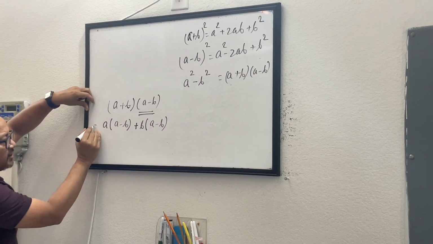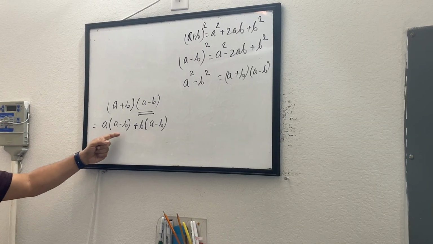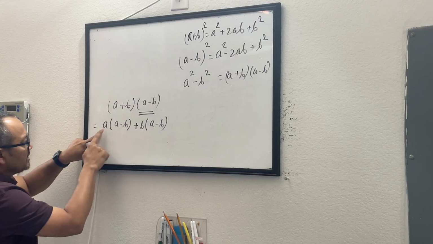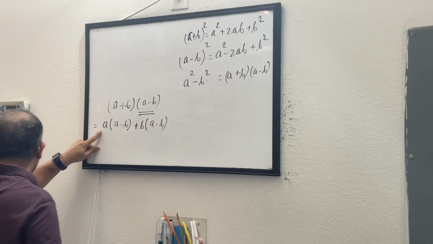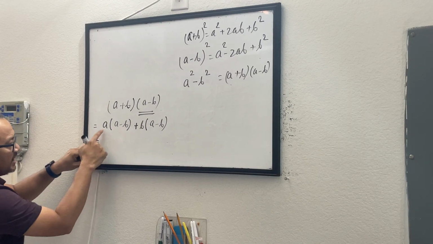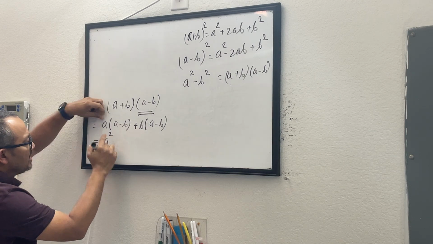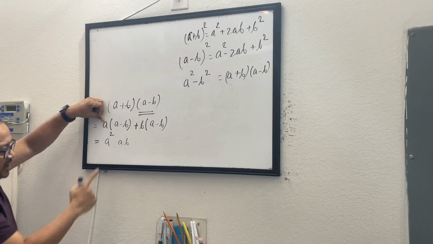Does it look okay so far? Now let's break these brackets open. So now I'll multiply this with this, then this with this, and so on. And let's see what happens. a times a will become a square. Now a times b will become a into b or ab.